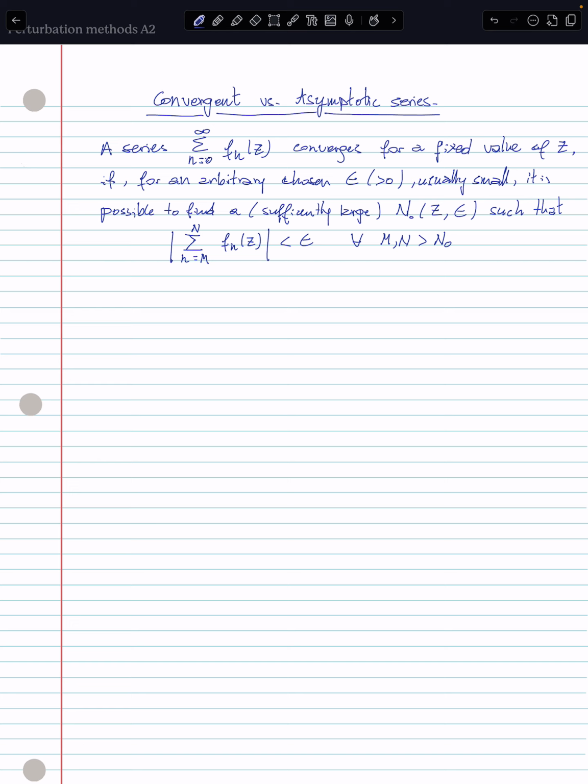All right, and of course n should also be larger than m for this to hold.